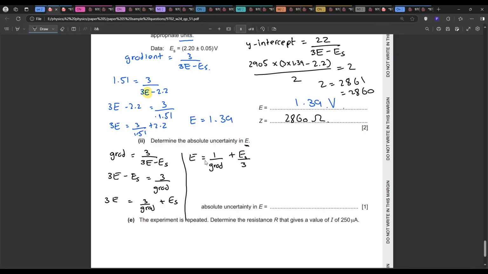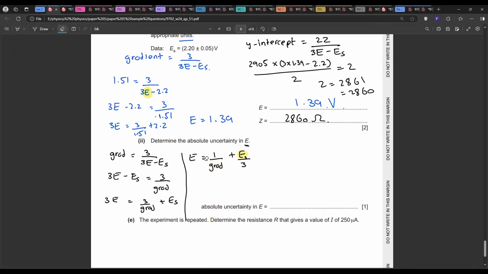Can you realize that E is made of two variables? One is the gradient, one is ES.